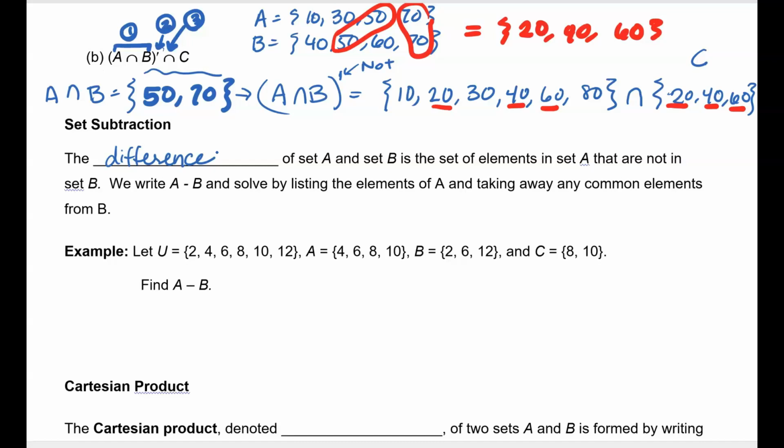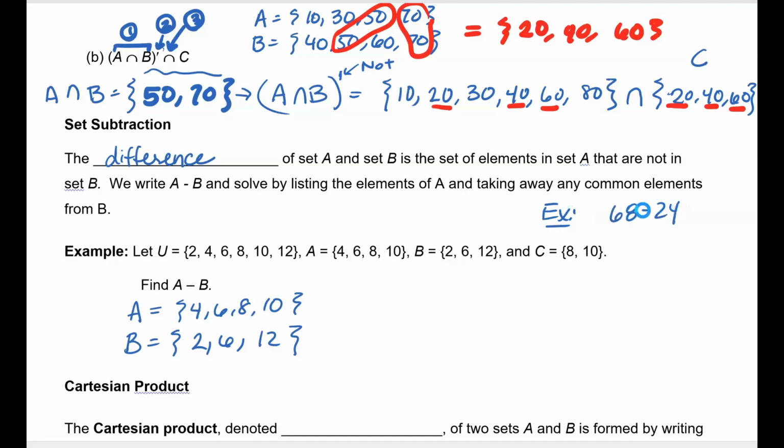So when you subtract A and B, what I would advise is to write the sets out. Write out A and then write out B below, just like if you were subtracting in a math class. If I say, for example, subtract 68 minus 24, especially when you're learning this in elementary school, you write 68 minus 24 vertically and you line them up.